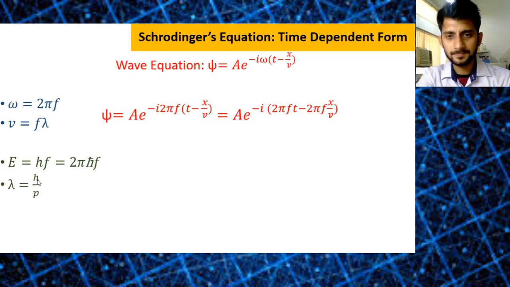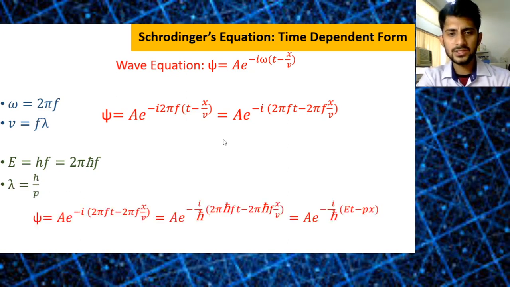Using these two terms, I will just take 2 pi f inside and multiply and divide my exponent term with h cross. And you see, when I have this 2 pi h cross f, this becomes equal to E. And over here, 2 pi h cross f upon v becomes p.